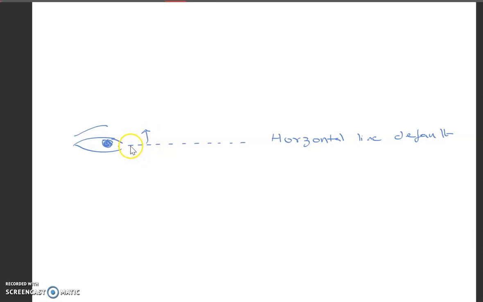The line of sight would be from here, where you would normally be looking, and then I say, hey, look at the sun up there in the sky. You would have to move your line of sight up to look up. So you moved from the rest position to this line right here. That is called angle of elevation.